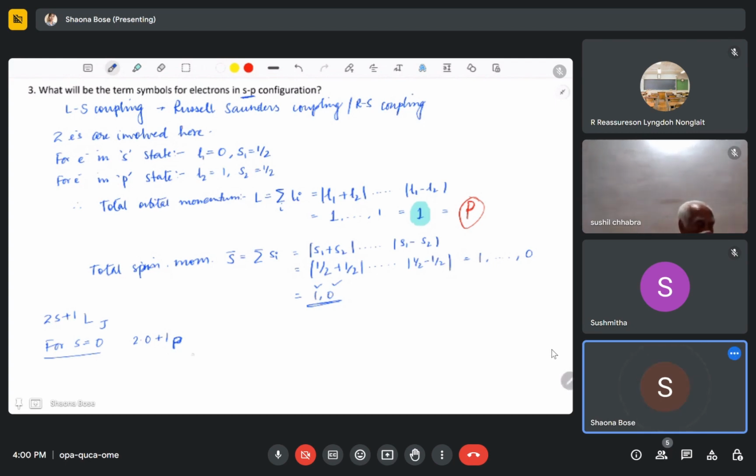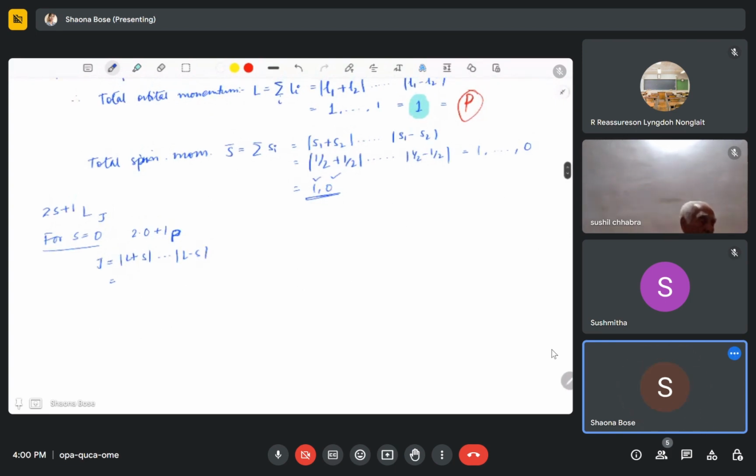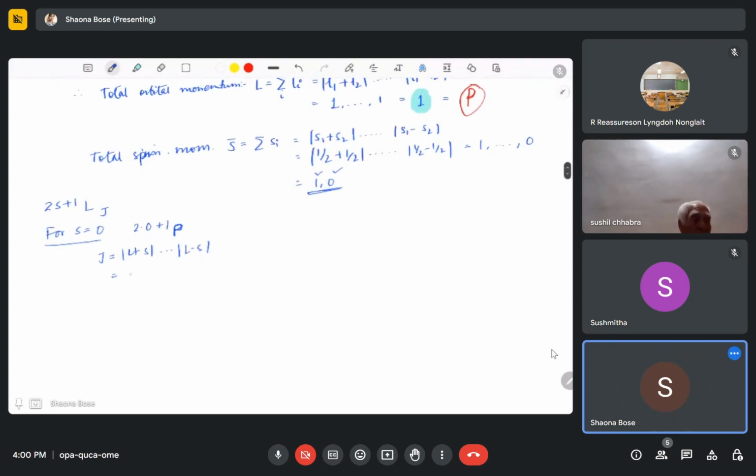Okay, so yes, J will go from L plus S to L minus S. L is 1, so 1 plus 0 to 1 minus 0, basically just 1.